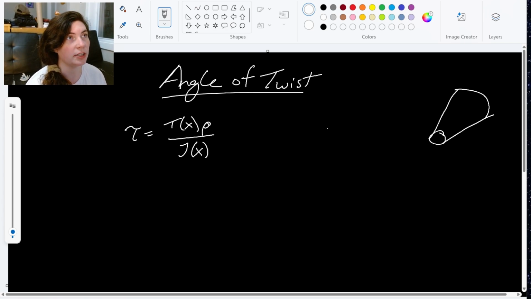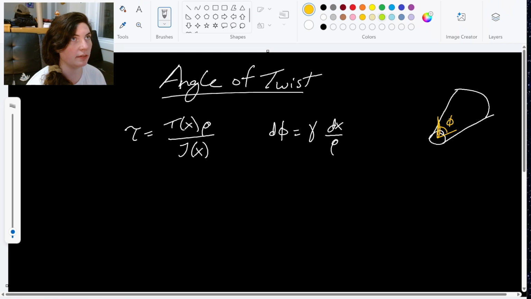We also had the relationship of the angle. As the angle changes, we said that was related to shear strain, dx over rho, right? Where this angle here, this initial position and then final position, this angle here, it's phi for any given dx that we're looking at.